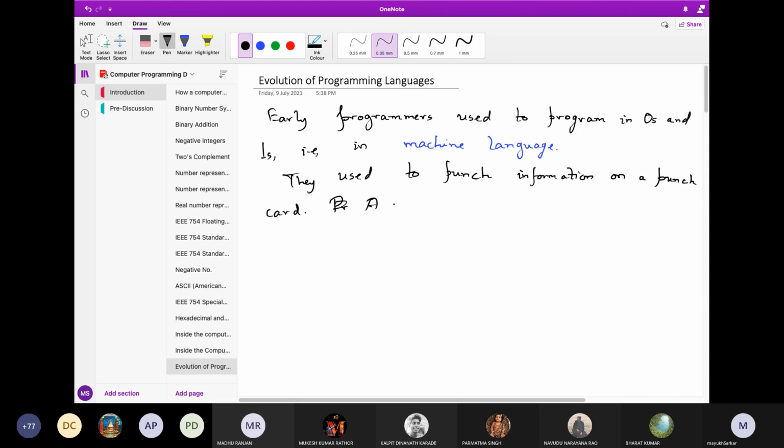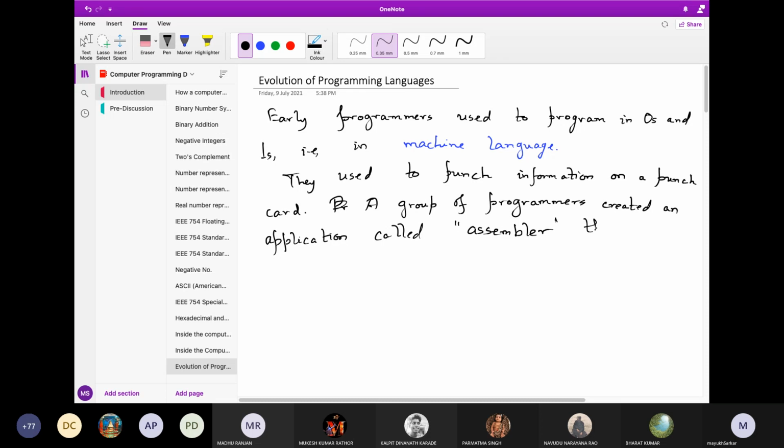A group of programmers created a software, created an application, and obviously this huge application was written completely in terms of zeros and ones. They created an application called assembler.